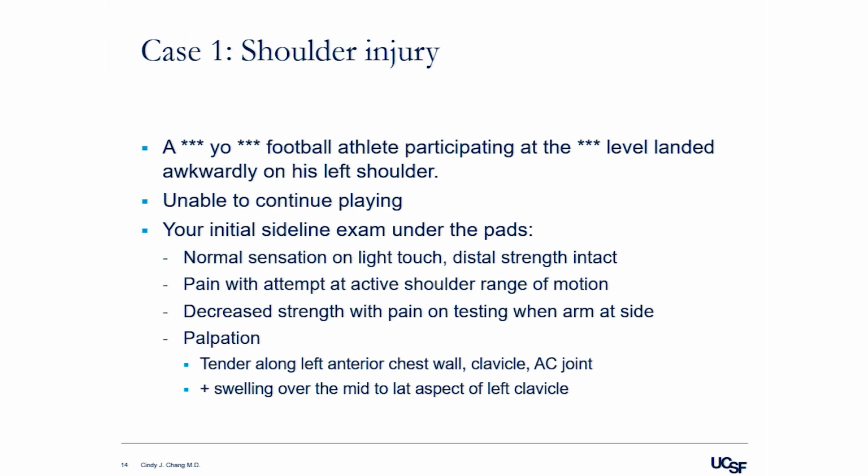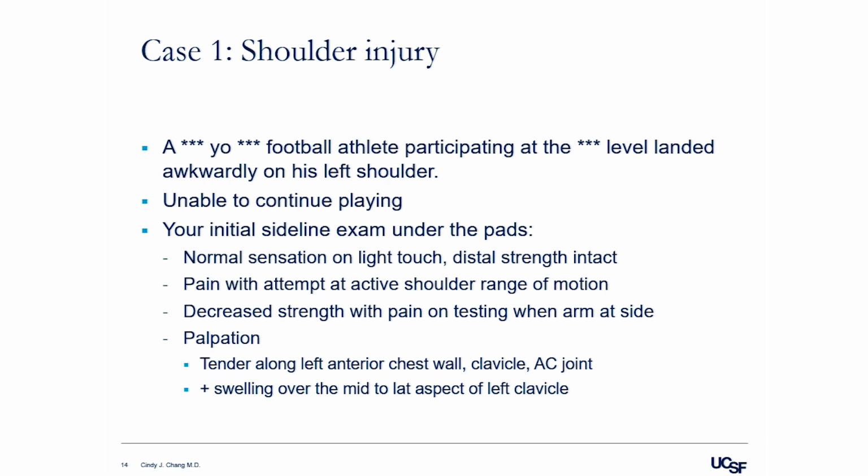So here's case 1. Asterisks are there because we're not going to define the details. A blank-year-old blank football athlete participating at the blank level landed awkwardly on his left shoulder, unable to continue playing.